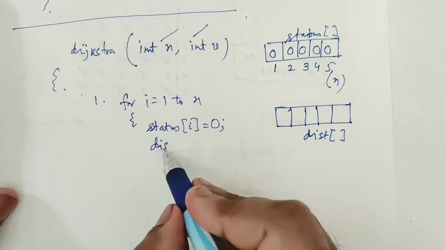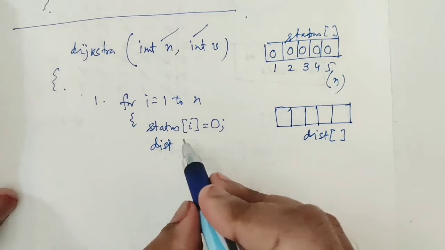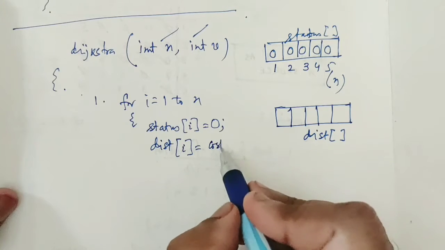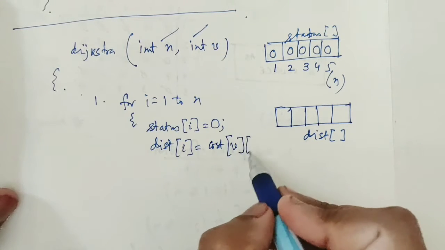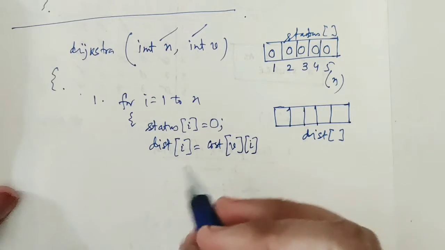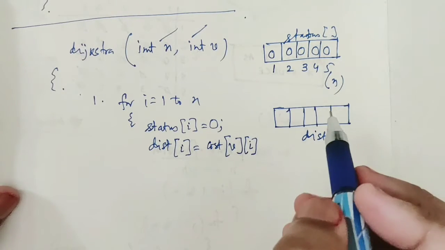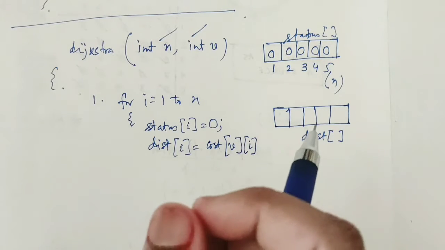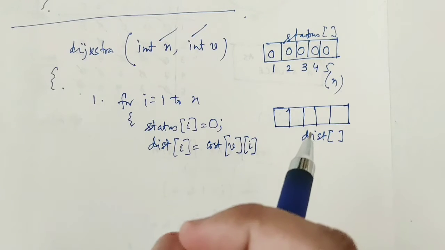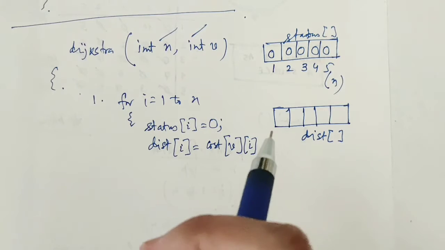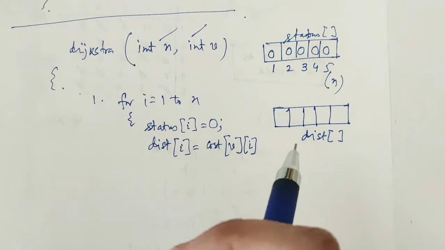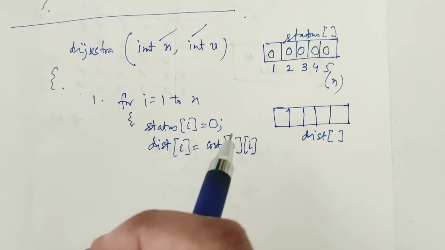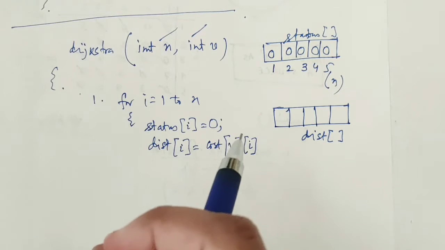Now it is very interesting. If I write dist of i equals cost of v, i, you know that in the dist array or minimum priority queue, we will store the vertices based on their d parameter value, that is, their shortest path estimate, and the vertex having the minimum shortest path estimate will be processed first.